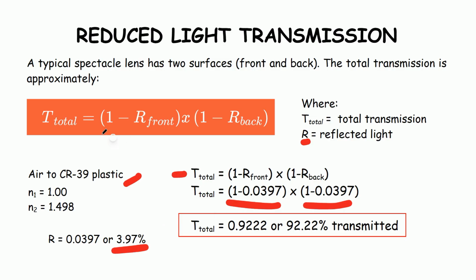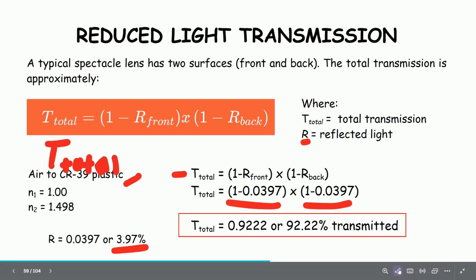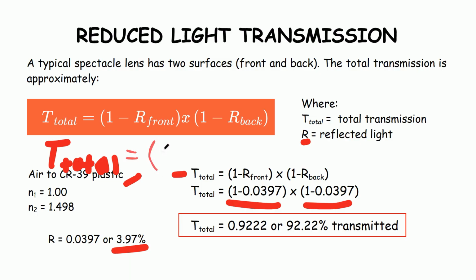So for this formula of 1 minus R, we can actually make this T total equal to 1 minus R squared.